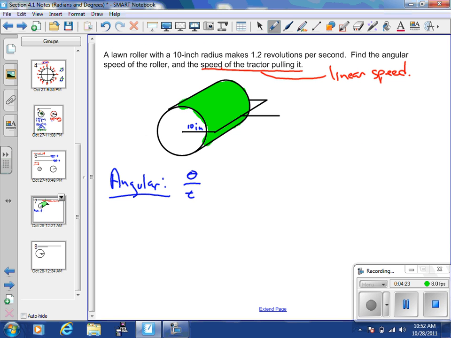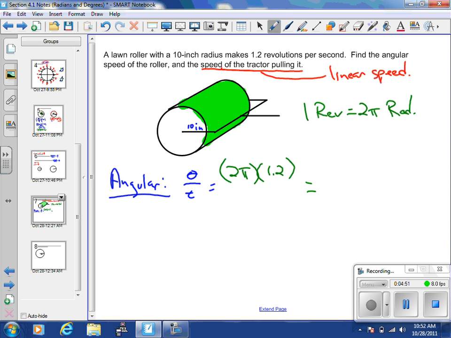So we have theta divided by time. So let's talk about that angle. If it makes 1.2 revolutions per second, and we know that each revolution equals 2 pi radians, I'm going to take 2 pi times 1.2.